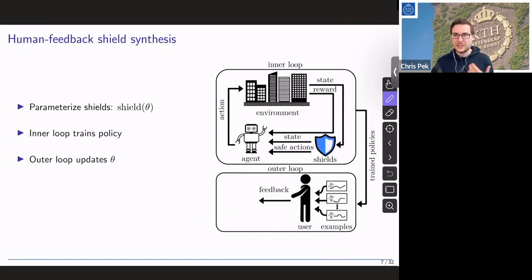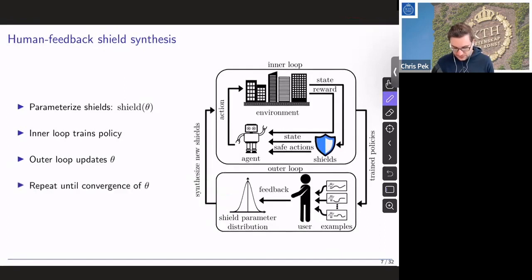So this user can give us feedback so that we can update a shield parameter distribution. The shield parameter distribution is giving out theta. And with this new theta that we get from the feedback, we can synthesize new shields. And we do that until the human does not want to change the parameter anymore.